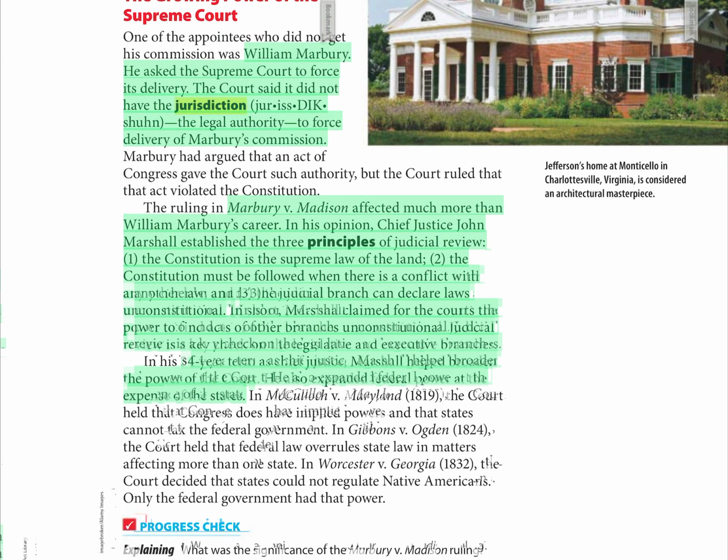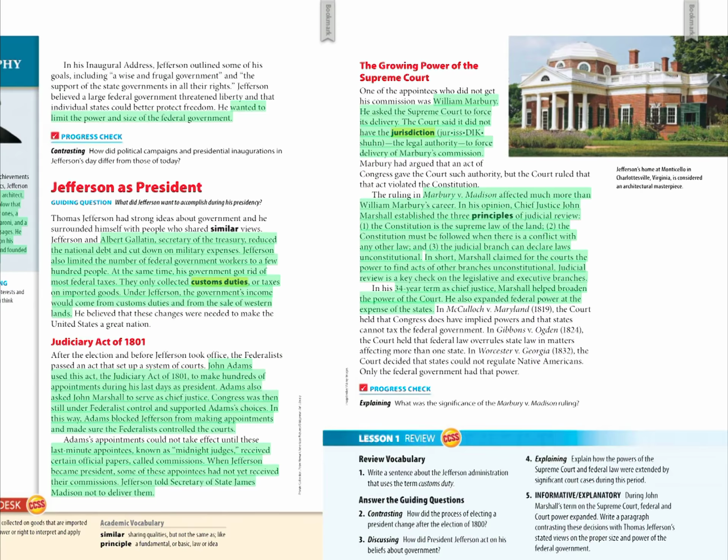And basically that was a pretty big case where it shows that, when it comes down to it, the federal government has more power and Congress has more power than the states. So anyway, that is interesting.